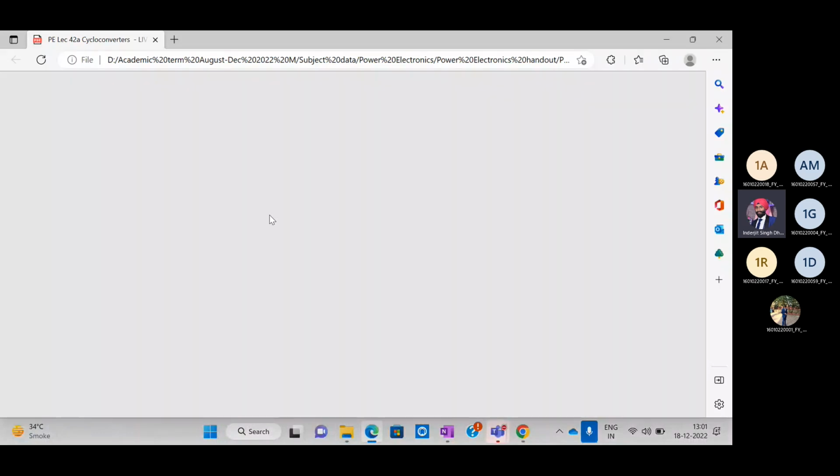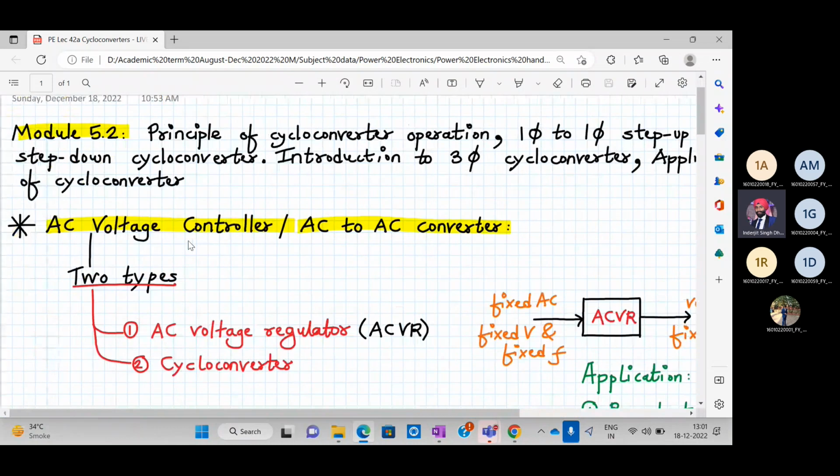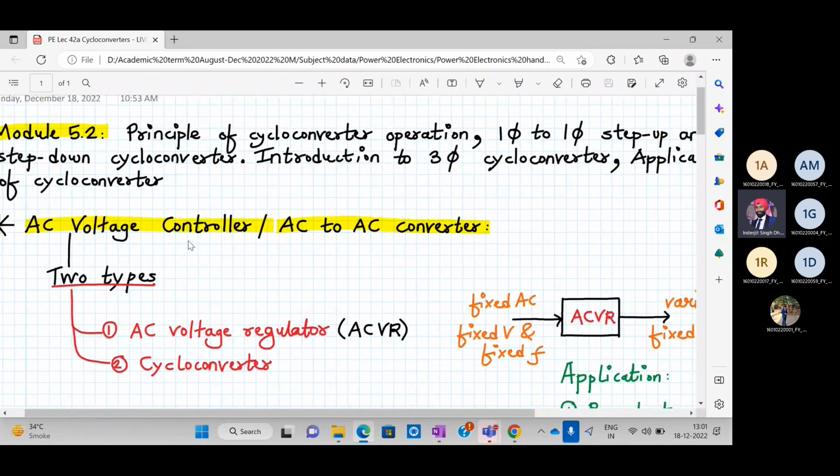Now, very important: the cycloconverter. In the cycloconverter, we are going to discuss the principle, then single phase to single phase, step up and step down. I'll explain the concept, but we might cover it in detail maybe next time. Another one hour or half an hour session will be required to cover the pending topic from this. Okay, so let me begin.